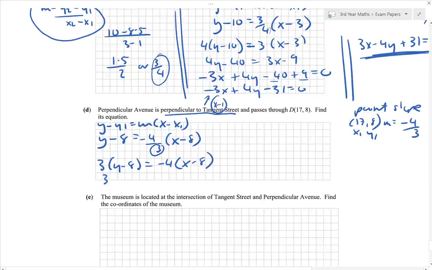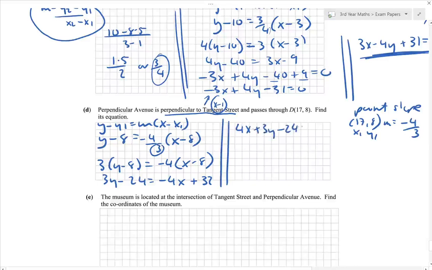Okay, so it's 3y minus 24 is equal to minus 4x plus 32. You bring everything to the left hand side, so the x comes to the left hand side and becomes a plus. 3y is already on the left hand side, and the 32 comes over and becomes a minus 32.